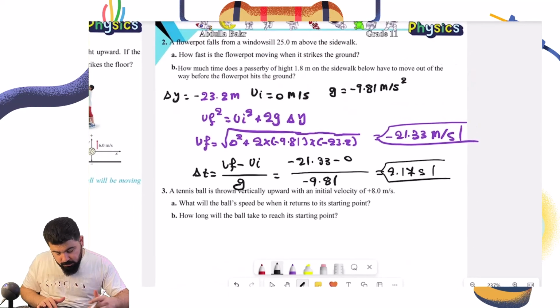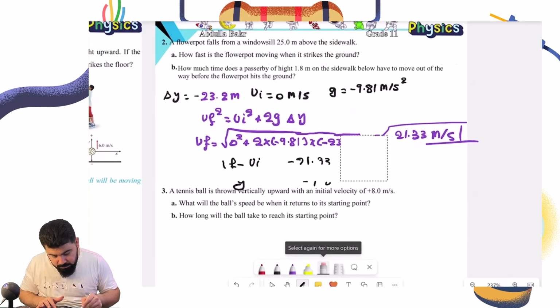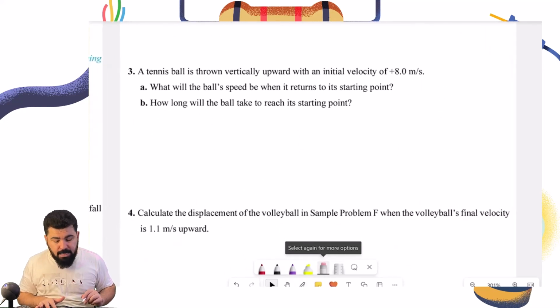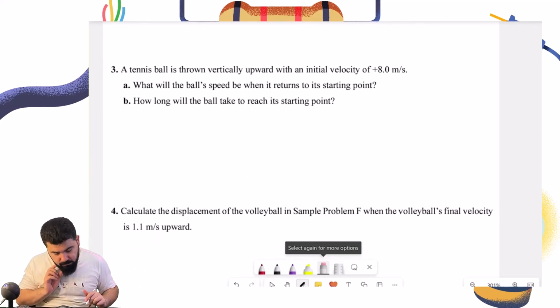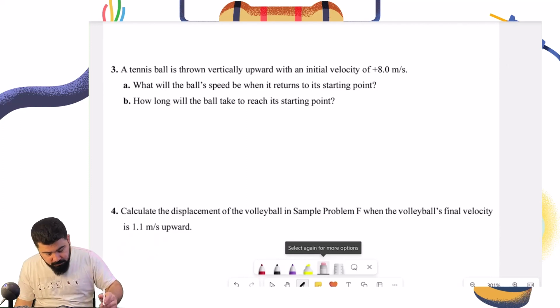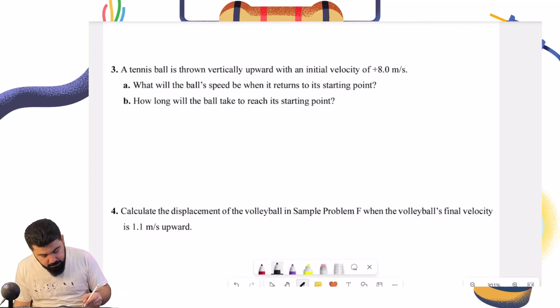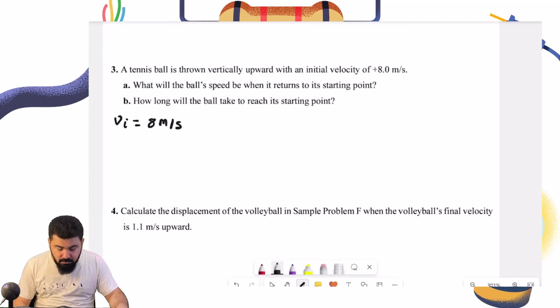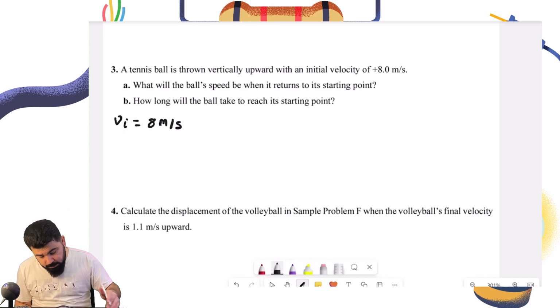Let's solve question 3, and question 4 is going to be for you. Okay, I have homework for you. Now, a tennis ball is thrown vertically upward with an initial velocity of 8 meters per second. So V initial is equal to 8 meters per second. What will be the ball's speed when it returns to the starting point?